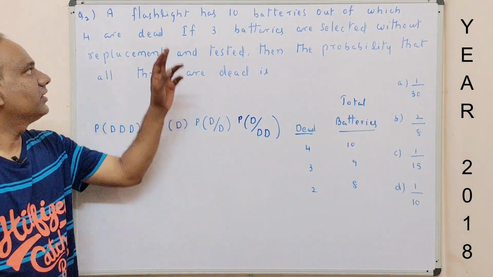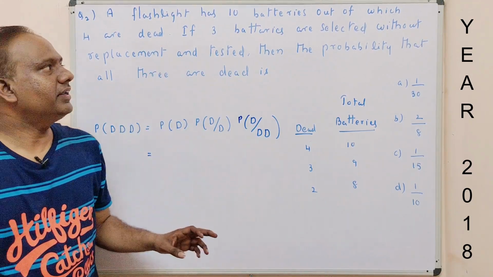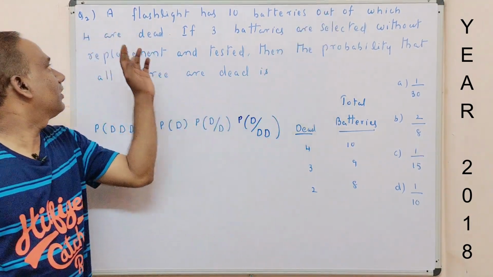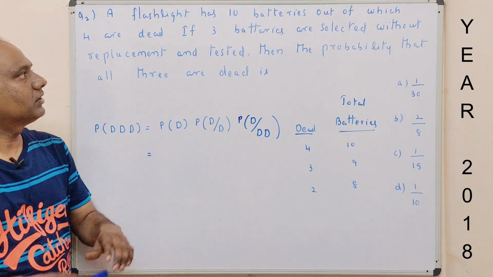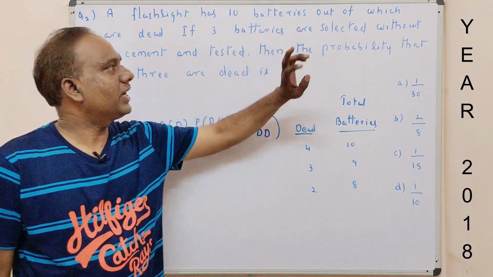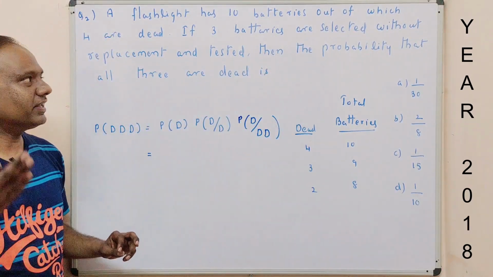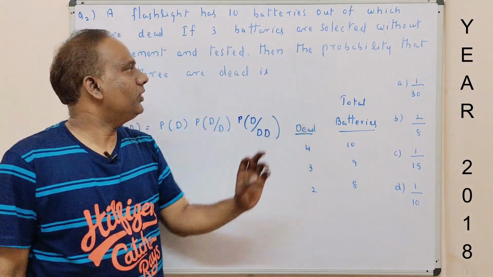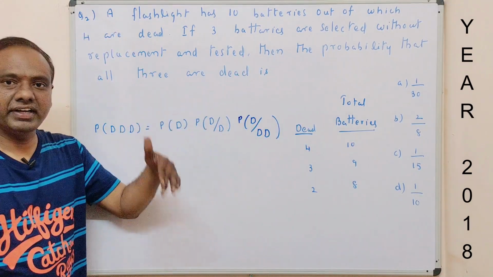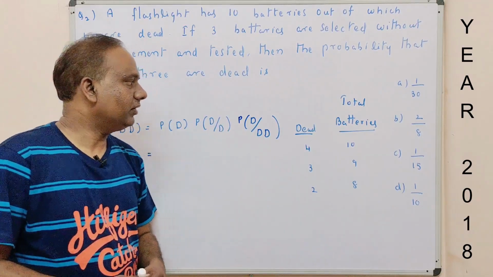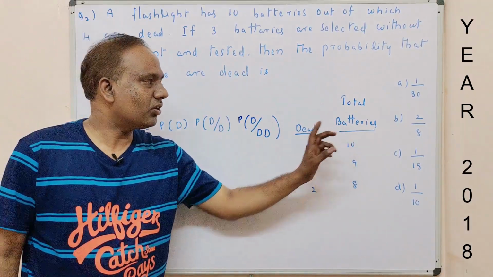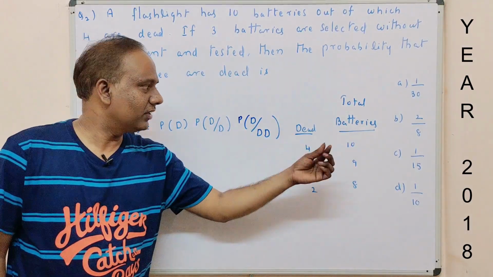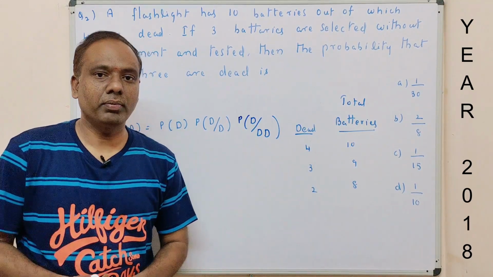Here the question is, a flashlight has 10 batteries, out of which 4 are dead. If 3 batteries are selected without replacement and tested, then the probability that all 3 are dead is. So here the total batteries are 10 and dead batteries are 4.